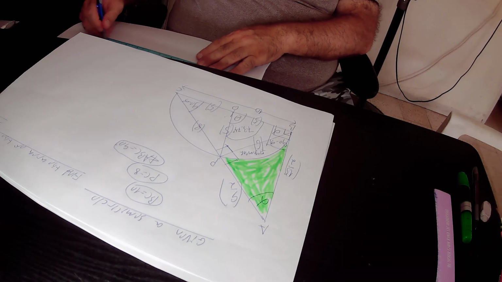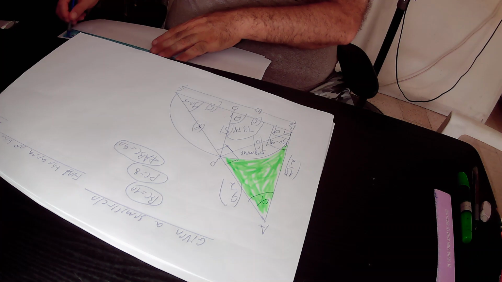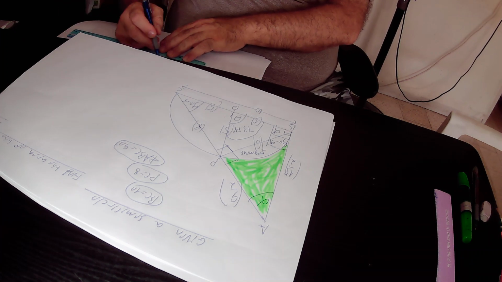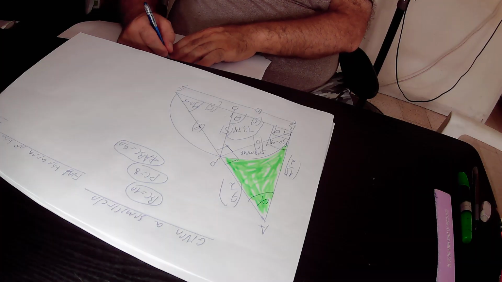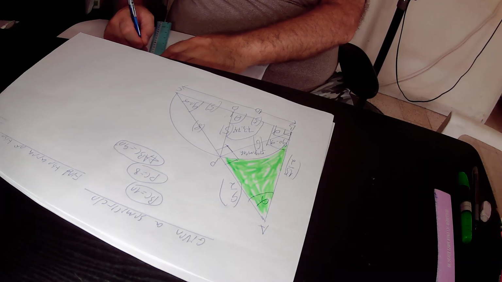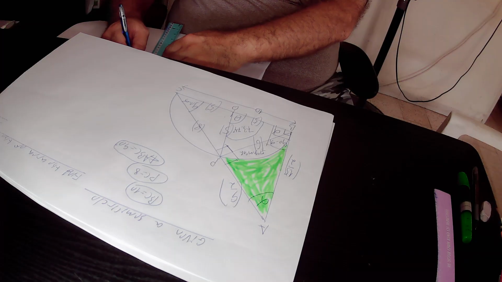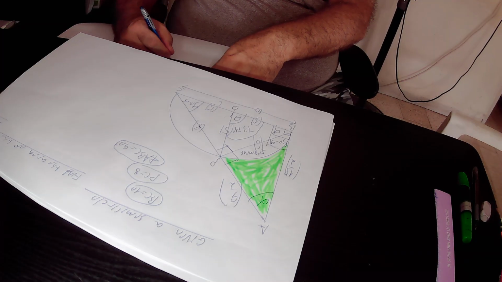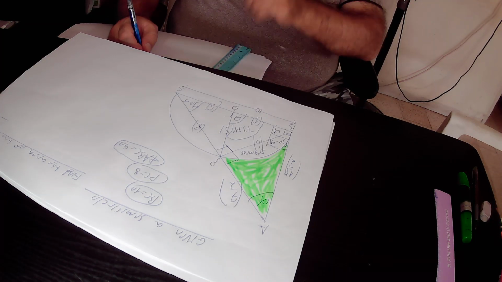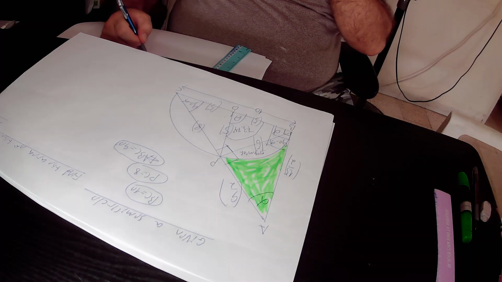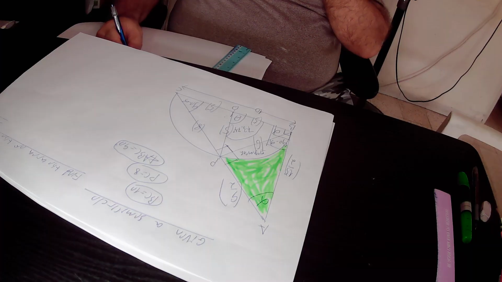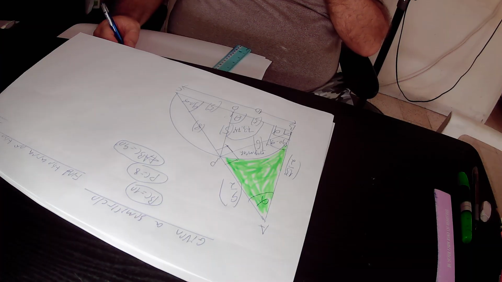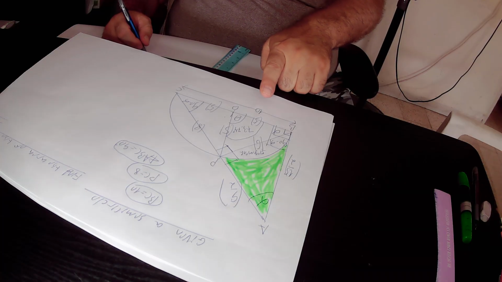From the drawing, it is very easy to see that the area of segment BP is equal to the area of sector BOP minus the area of triangle BOP.